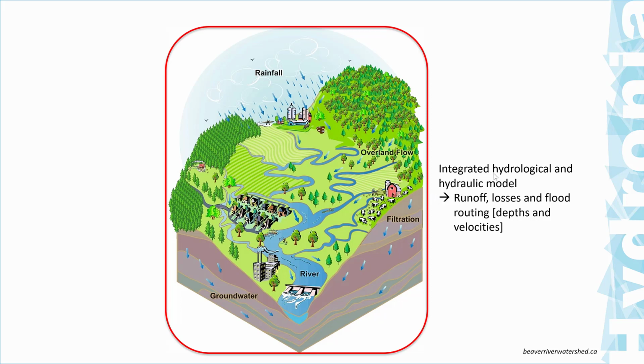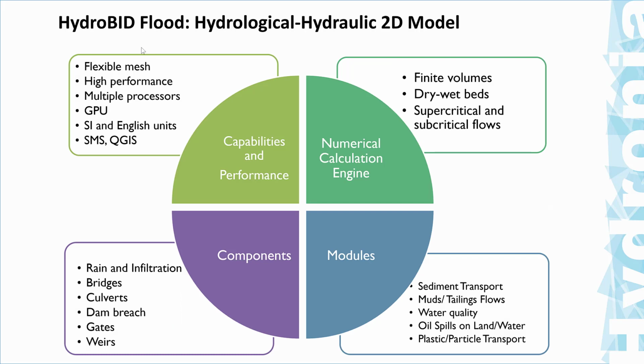Then we have an integrated hydrologic and hydraulic model that will compute the runoff, losses, flood, and also the hydraulics of the routing downstream with all the structures and so forth. This is exactly the approach that Hydrobid Flood has followed. So Hydrobid Flood is essentially a hydrologic two-dimensional model. It's an integrated hydraulic model.